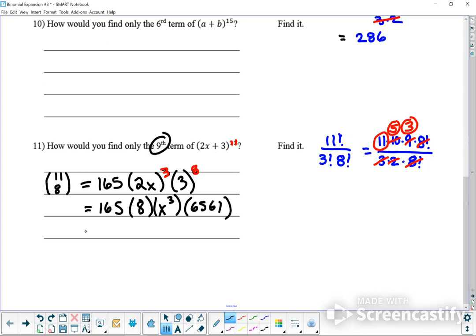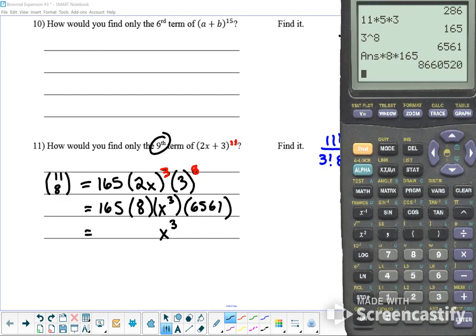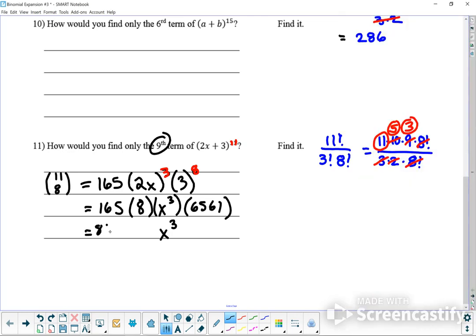And I need to multiply all that together, and I will have x to the third as my exponent. So 6,561 times 8, multiplied by 165, and I get a big number, 8,660,520, and then x to the third. That will be the 9th term in the 11th row.